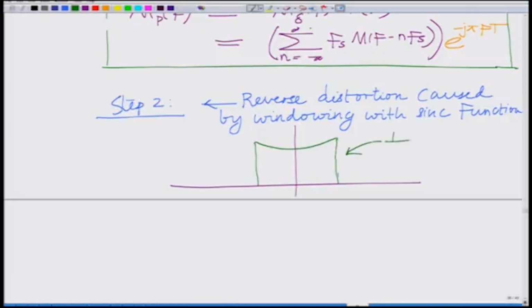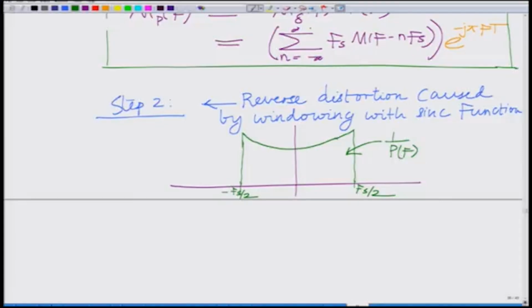That is 1 over your Pf, but this is necessary to be done only in your minus Fs by 2 to Fs by 2 band, correct.